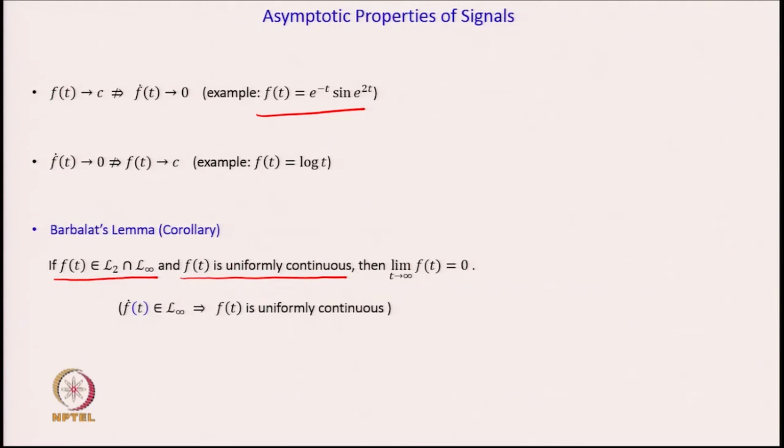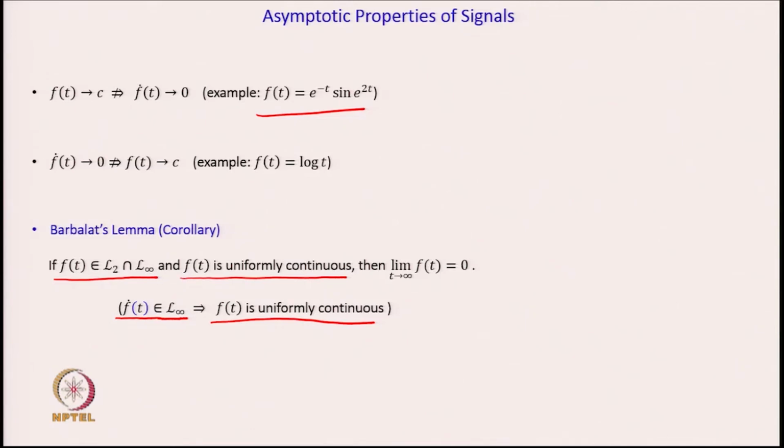Now, uniform continuity is a stronger form of continuity. Without going into the actual definition of uniform continuity, it is sufficient to say that if the derivative of the function is bounded, that implies that f of t is uniformly continuous.